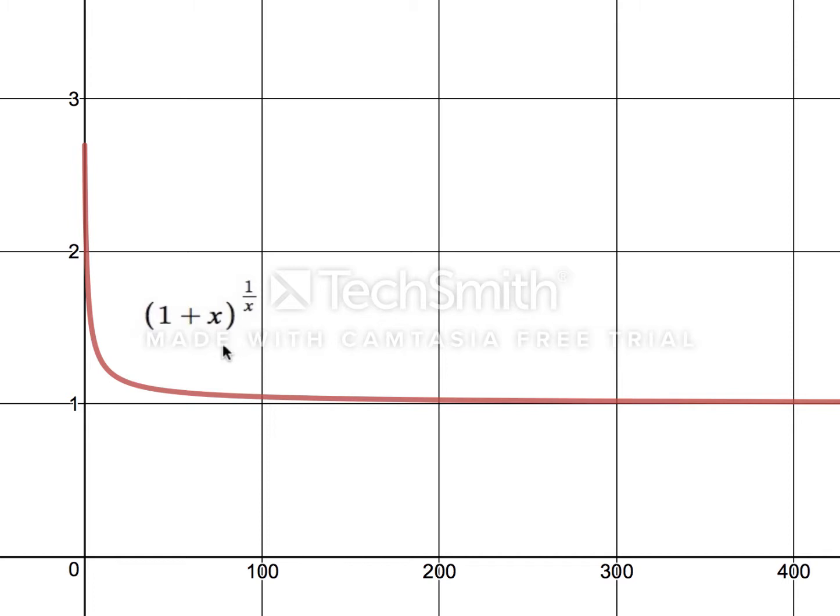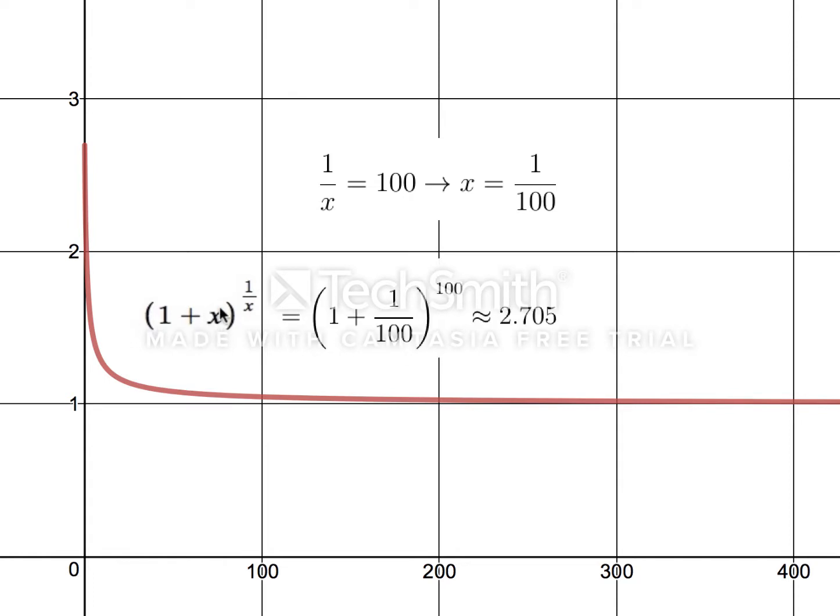Now, if you compound more than once, then 1 over x is the number of times you're compounding. And so if I compound 100 times, this would be 1 over 100. So we'd have 1 plus 1 over 100 raised to the 100th power.